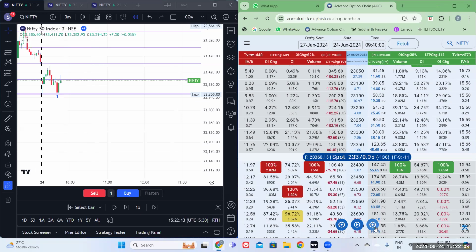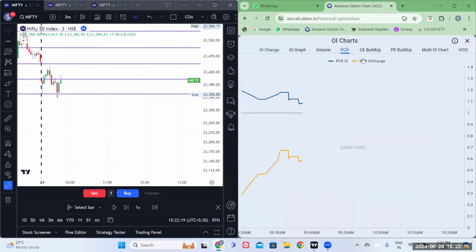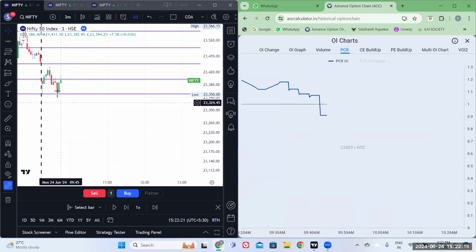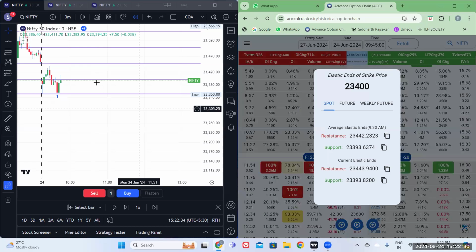9:45. Let's go to the 9:45 candle and see what the data suggests. Let's look at what the PCR is saying. It is in the downtrend. So from here, you can take a PE, right? If you want, you can take a PE from here, subject to this resistance only, right? 442, 442.